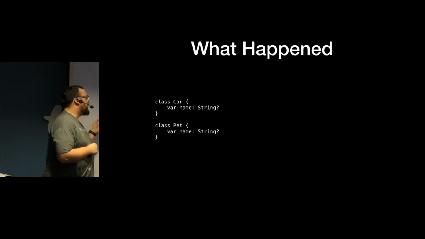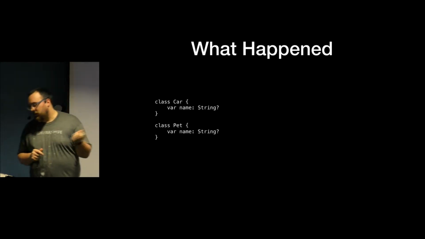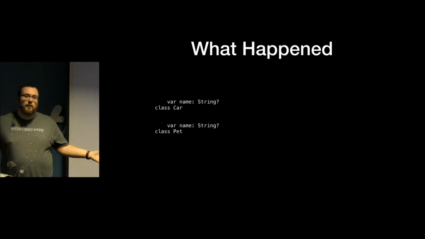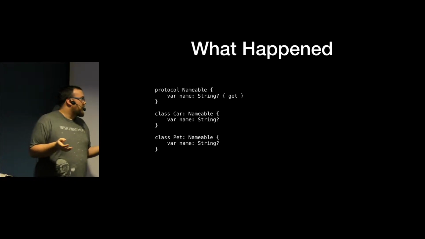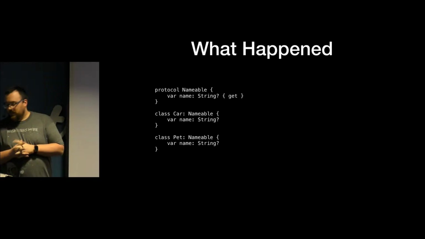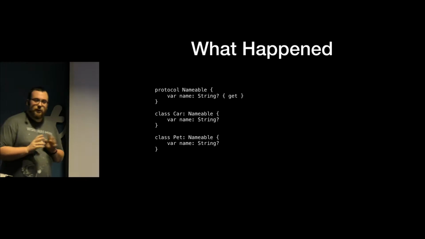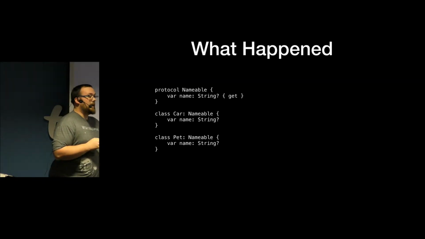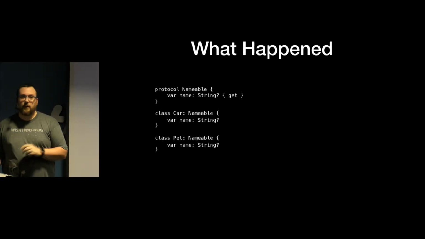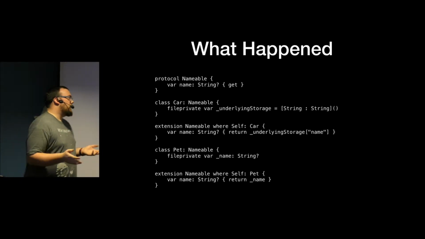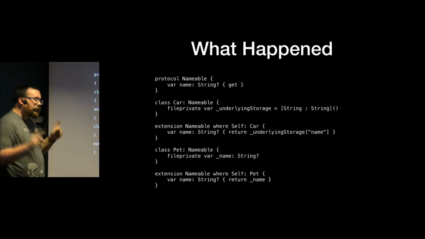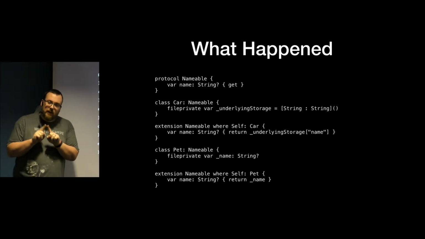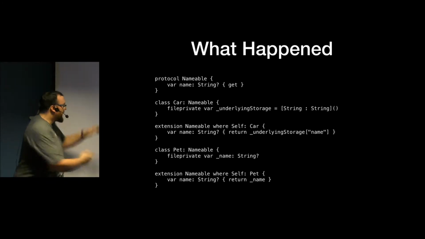We have two very separate objects that have names. And like, well, we should do this as a protocol. Fine so far. But because we can attach code to the protocol, we don't have to have code in the class anymore. So then this happened. Now, because we don't have to have code in the class, we just have this instead.